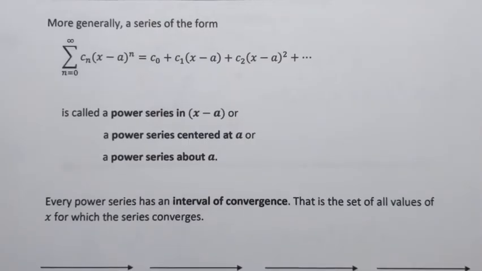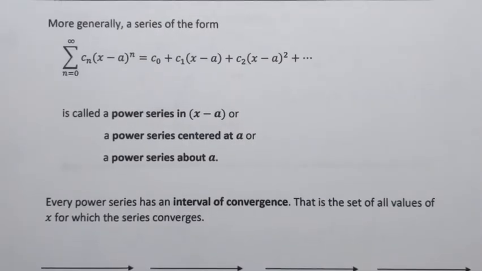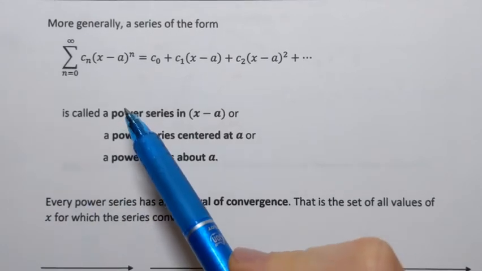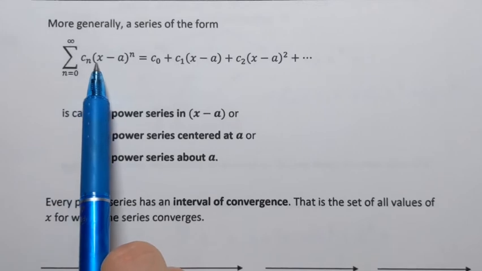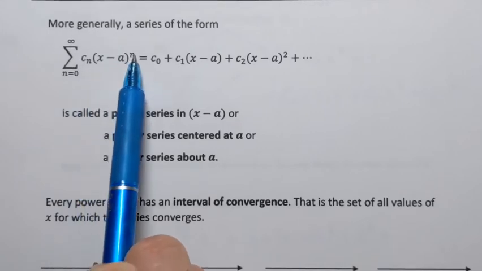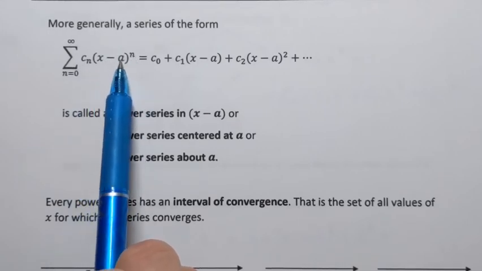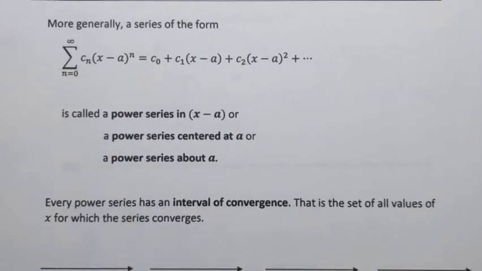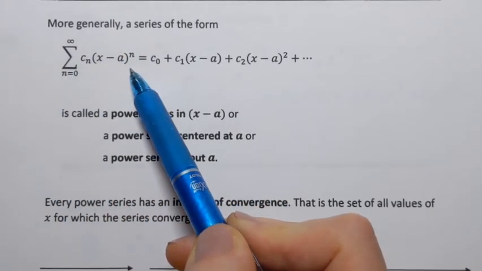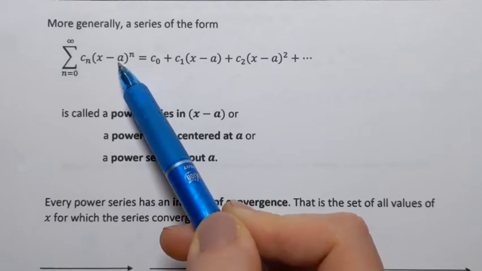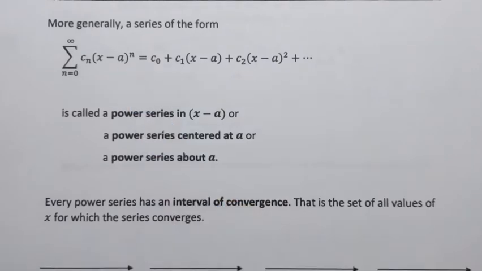Let me expand on this topic a little bit further and show you a more general form of the power series. Here it is. Notice how instead of x to the power n, we have x minus a to the power n. And we can always obtain that basic form of the power series that we already looked at by letting a be equal to 0.